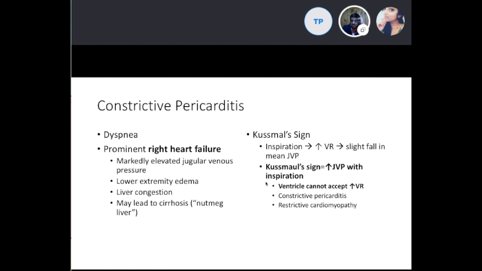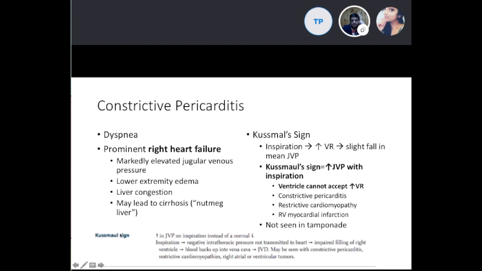You can see an increased JVP in restrictive cardiomyopathy and right ventricular myocardial infarction, but it's not seen in tamponade. So that's a differentiation here. It's not seen in tamponade, but it's seen in constrictive pericarditis. So the only thing written in First Aid, I'm sorry, I realize these pictures are more blurry than I thought, but in Kussmaul sign, you have an increase in JVP on inspiration instead of the normal decrease that you should see.